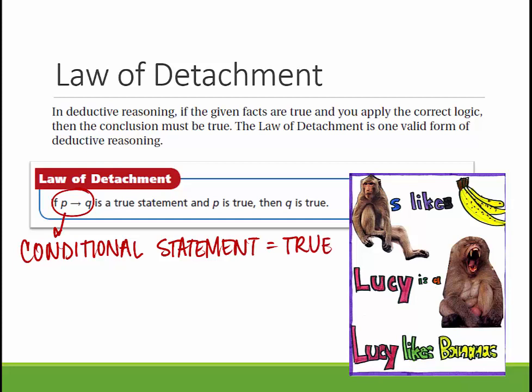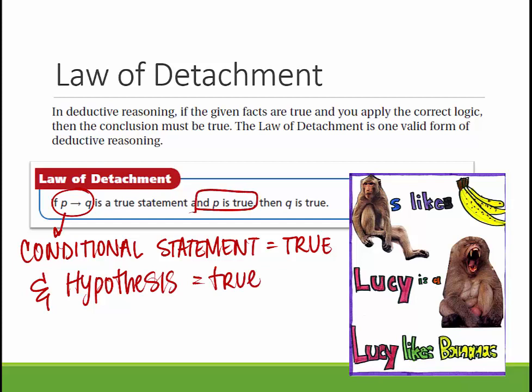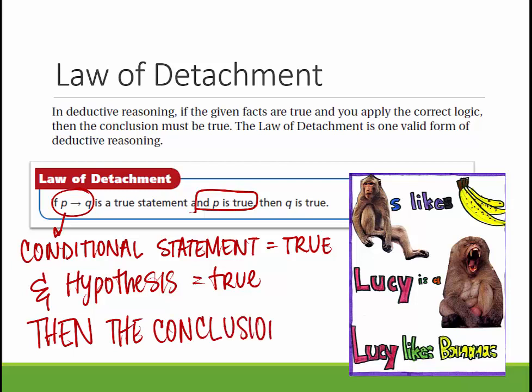So when this conditional statement is true and the hypothesis is true, because that's the P is true, then the conclusion must be true. So let's look at some examples.